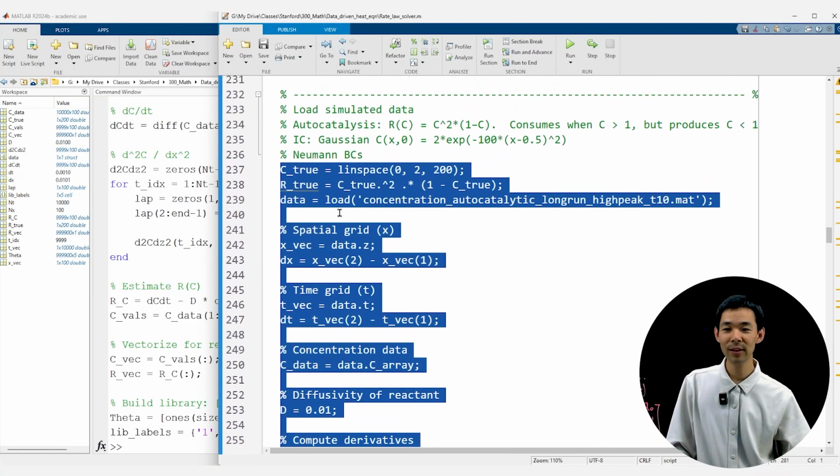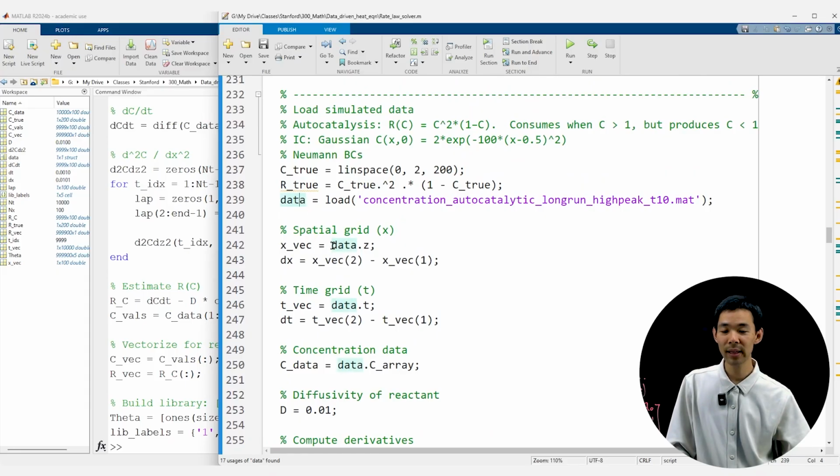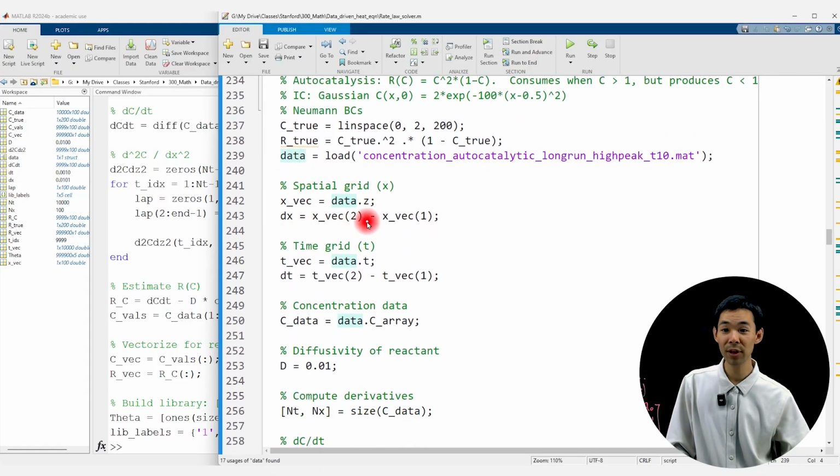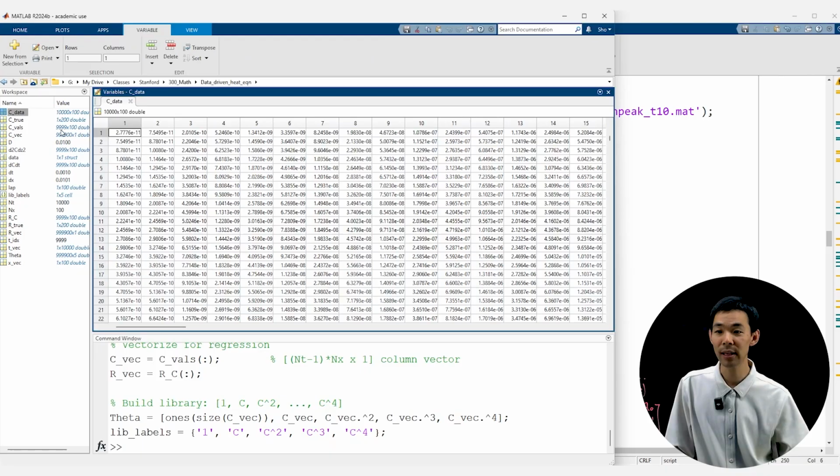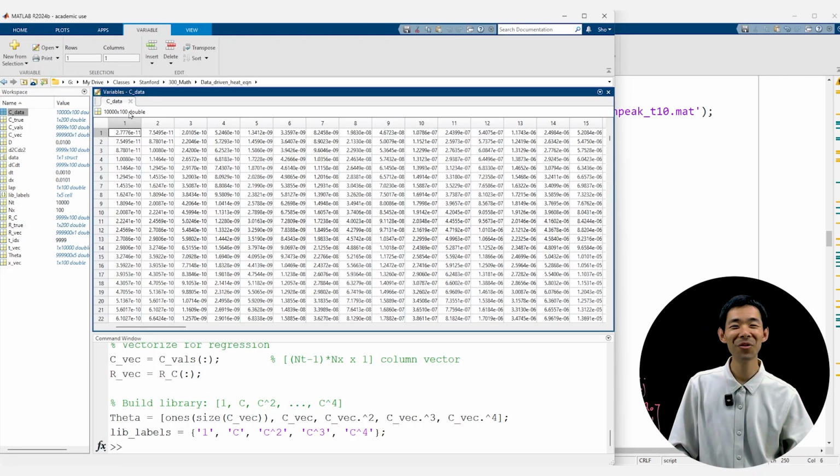So what I've done here is to evaluate the data. So data contains the spatial discretization. That's going to be stored in x vector. We have the temporal discretization in t vector. And here we have C data, which is the entire data matrix contained right here. So this is the 10,000 by 100 data matrix.